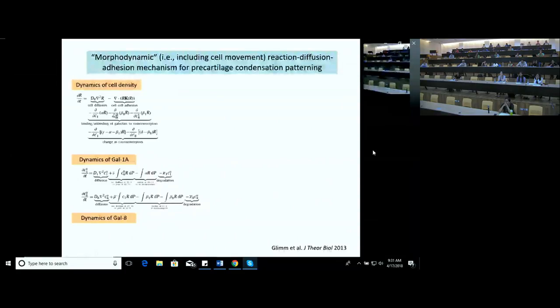Okay, so then we decided, since patterns of different vertebrate fins and limbs are quite different from each other, we decided to trace back the galectins.